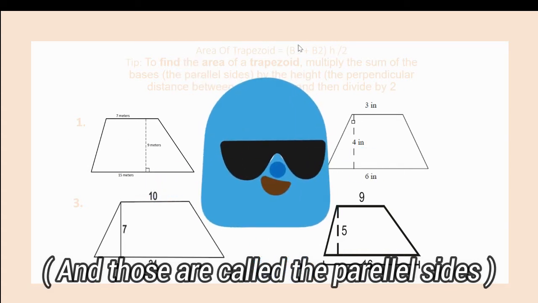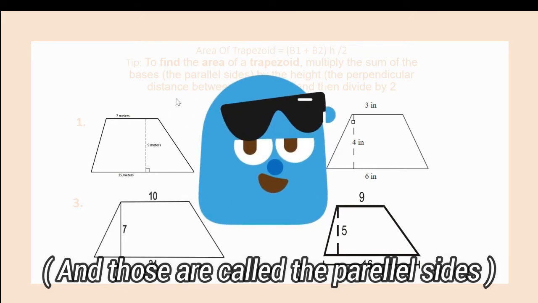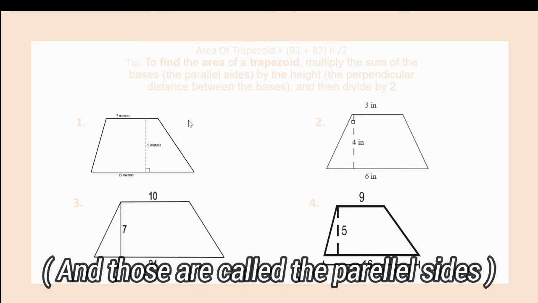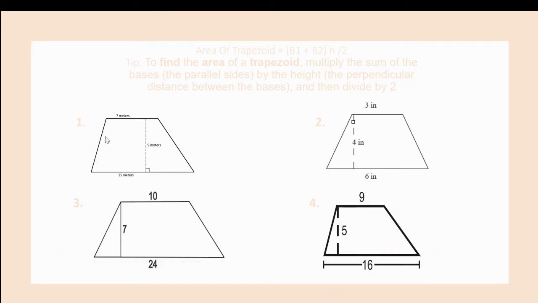So base 1 and base 2 are parallel sides. For example, they might give you lots of sides, and you have to choose the ones that are parallel to find base 1 and base 2.